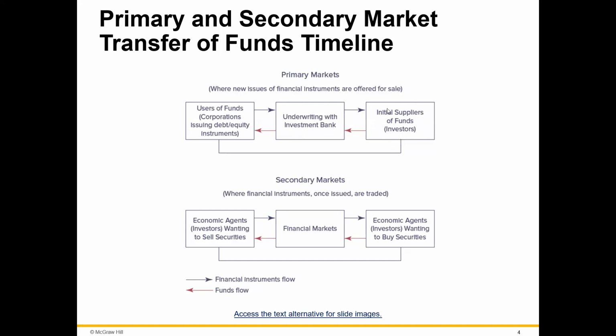So the shares go from here to them, and they sell them to the investors. The investors give them money. They keep a piece, depending on how they agreed upon the contract with the corporation. And then the money goes there. So shares go that way, money goes this way through an investment bank. That will be a financial institution.